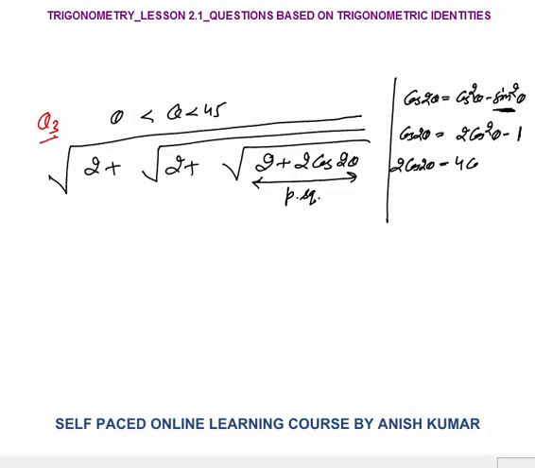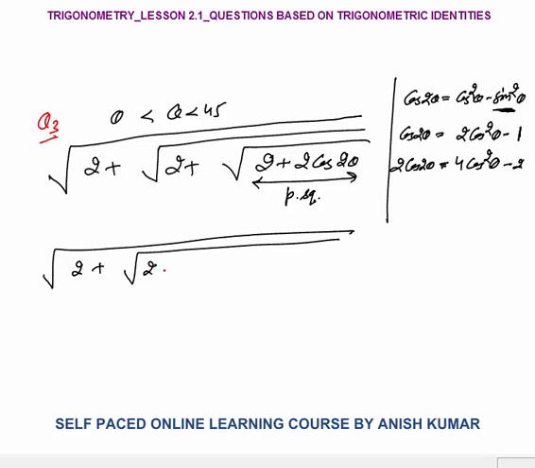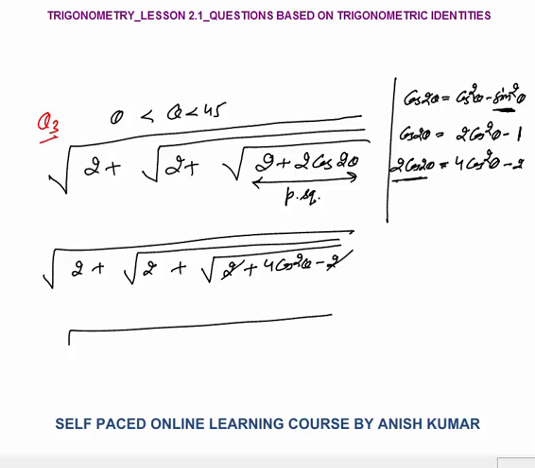This will be 4 cos square theta minus 2. So I am putting the value of 2 cos 2 theta. This will be 4 cos square theta minus 2.